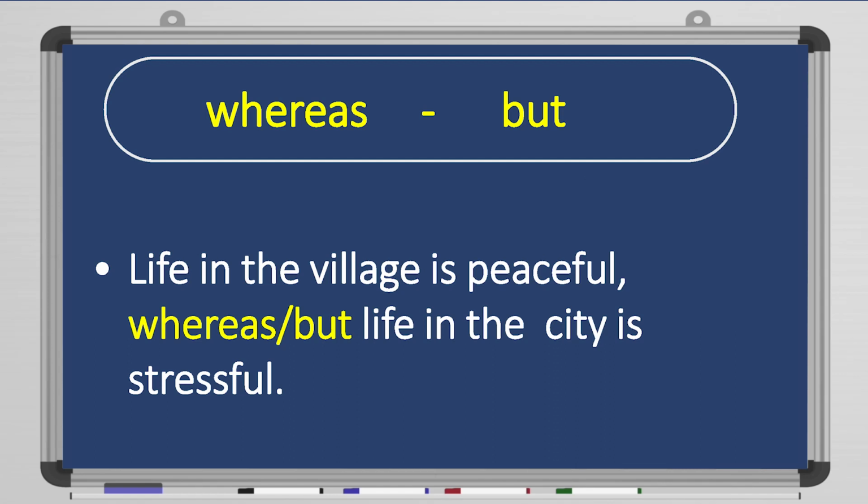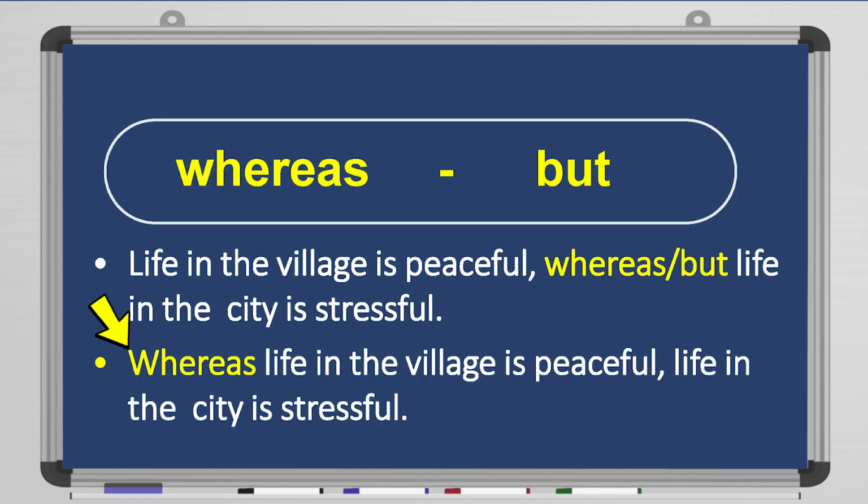Whereas I'm going to give something completely different. This is why we're trying to show the differences. Life in the village is peaceful, whereas life in the city is stressful. Very simple, very easy. You can use whereas in the middle of the sentence and at the beginning of the sentence, as you can see in the second example. However, but can only be used in the middle of the sentence.